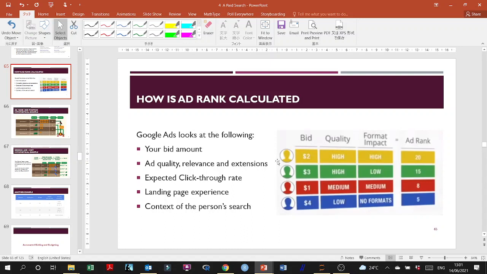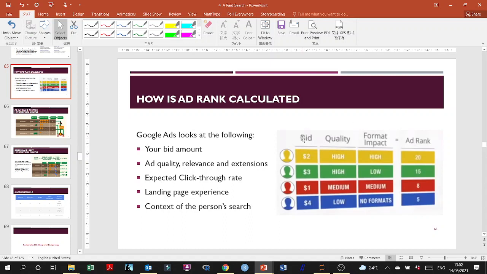This is not scientific. This explanation does not have any technical background anymore, but it is the foundation of how Google actually ranks its paid search advertisements.